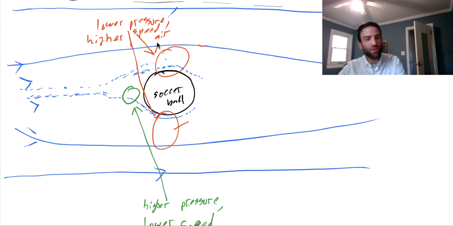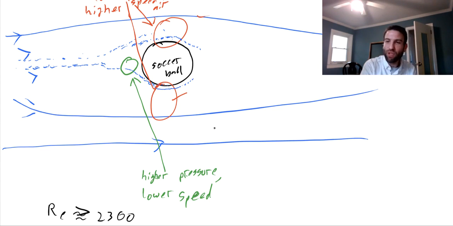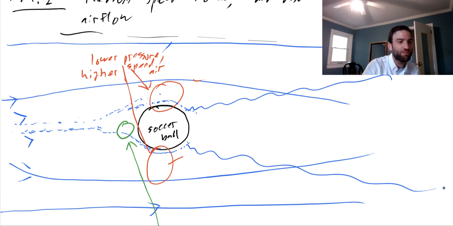Now, what happens when we start crossing the threshold of, remember that Reynolds number value of bigger than about 2300? Is that the airflow here starts to become not laminar, but turbulent. So we have laminar flow approaching the ball because it hasn't had a chance to influence the air out in front of it yet. But the soccer ball starts leaving a turbulent wake behind it, right?